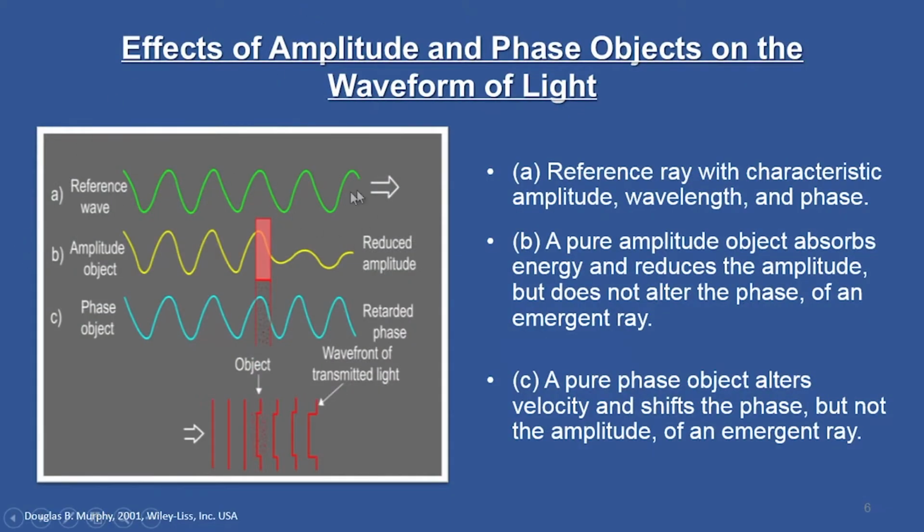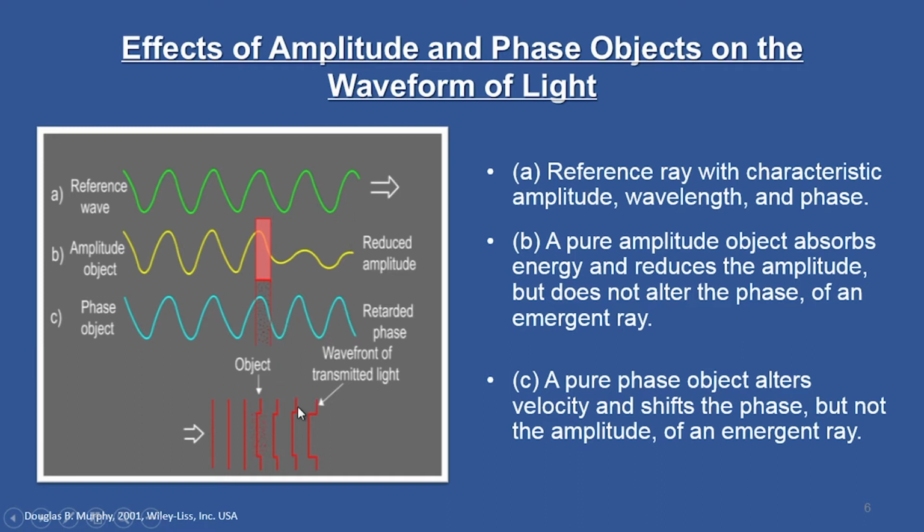So, if you look at this slide, the schematic nicely shows the difference between what is an amplitude object and what is a phase object. Schematic A shows the reference wave, schematic B shows an amplitude object. This is an object, and schematic C shows a phase object.